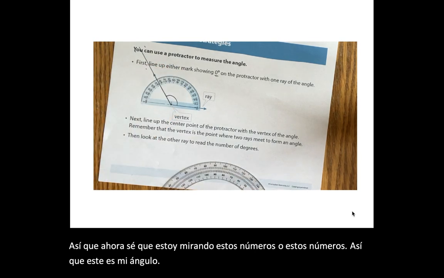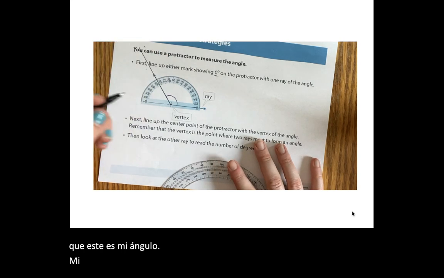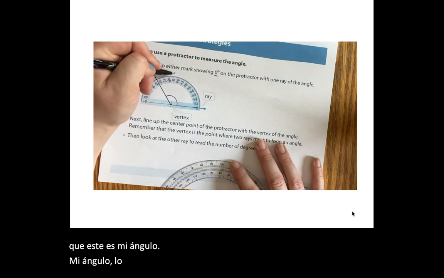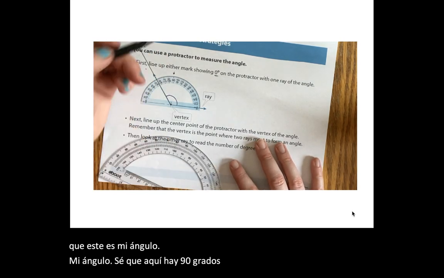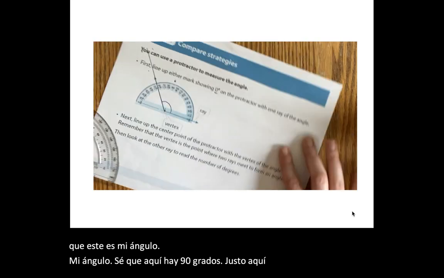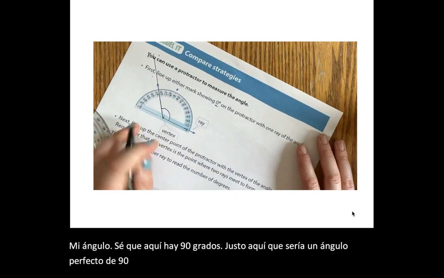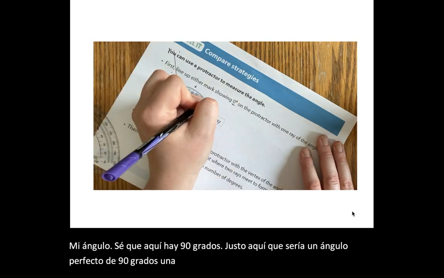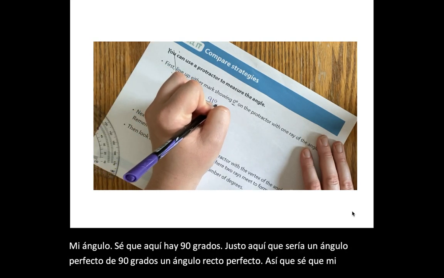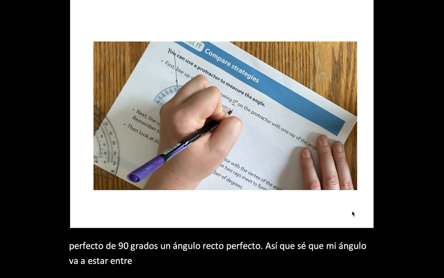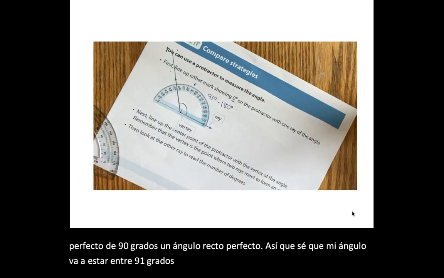My angle, I know, is obtuse. Here's 90 degrees right here. That would be a perfect 90-degree angle, a perfect right angle. So I know that my angle is going to be between 91 degrees and 180 degrees, which remember is our straight angle.